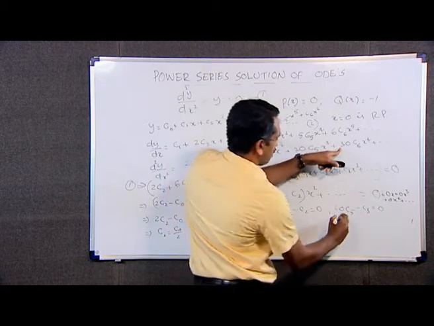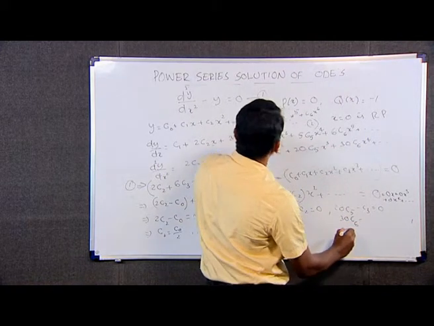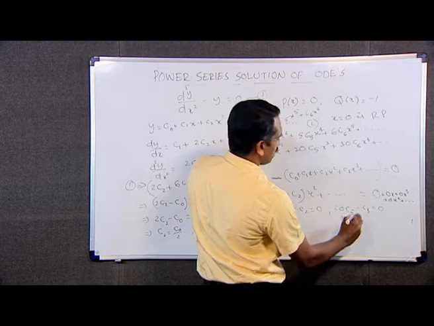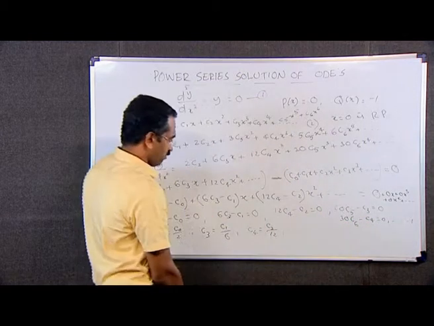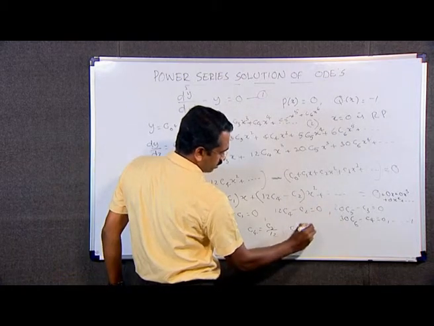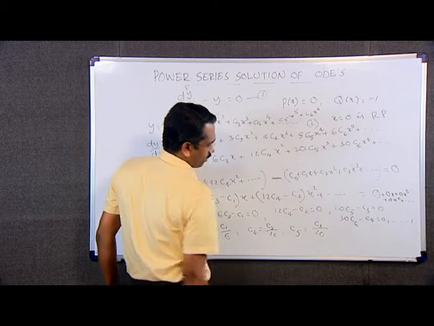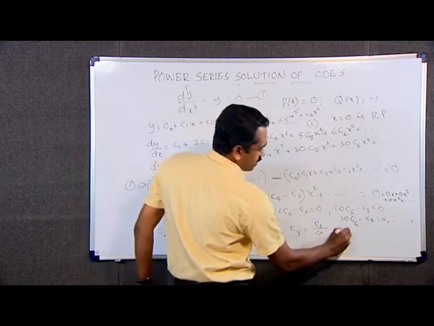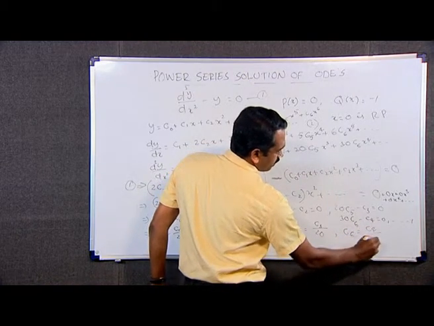The next is 30 c6 minus, here the coefficient of x raised to 4 is c4 equal to 0 and so on. Therefore, we can write C5 is equal to C3 divided by 20 and C6 as C4 divided by 30.